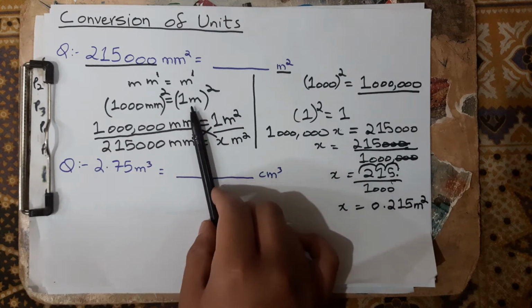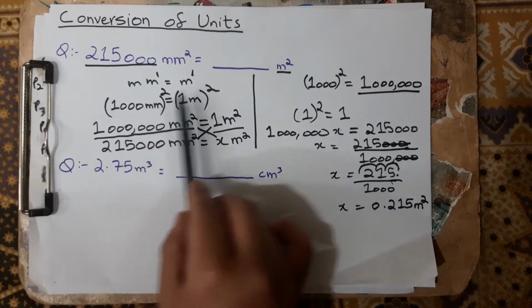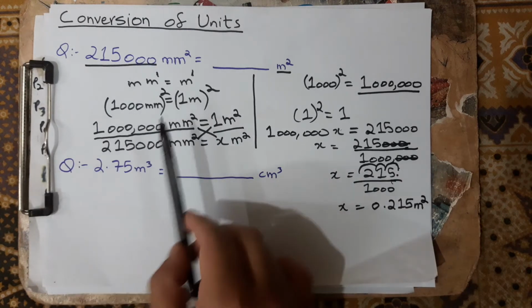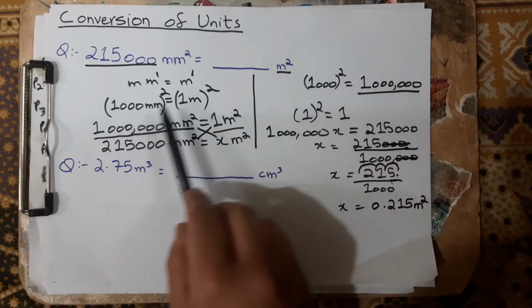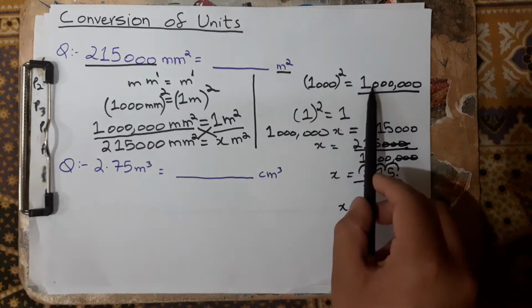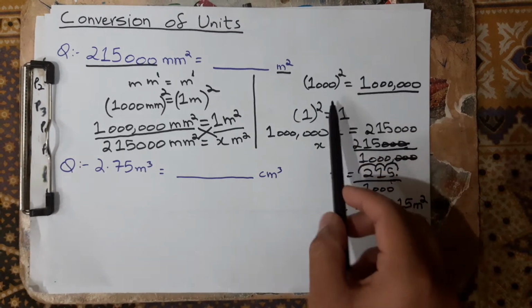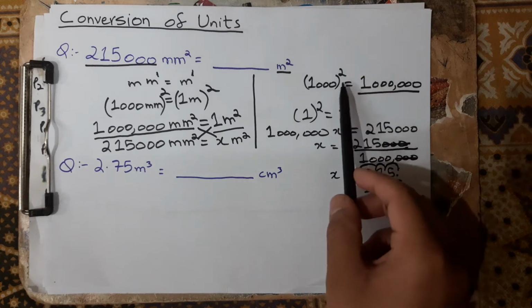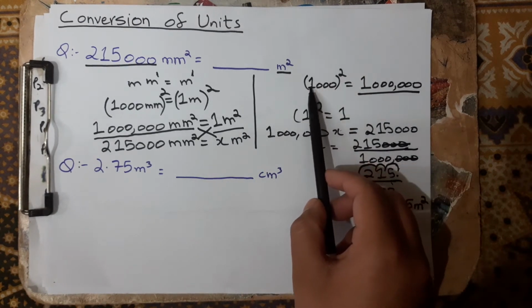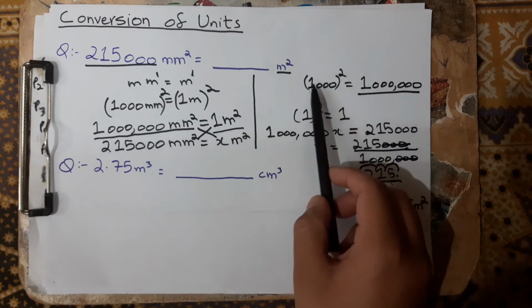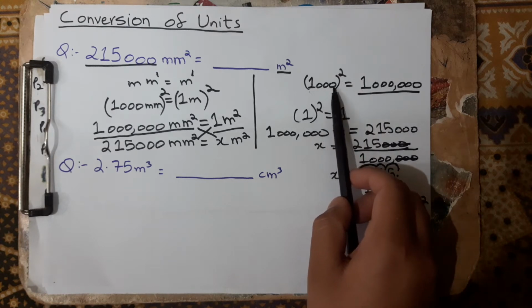Now if you want to open this bracket, you will have to take the square of 1000 millimeter and the square of 1 meter as well. Going aside, if we calculate the square of 1000, first 1 is written as it is, and then there are 3 zeros.